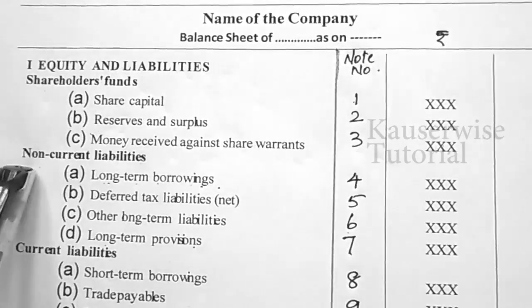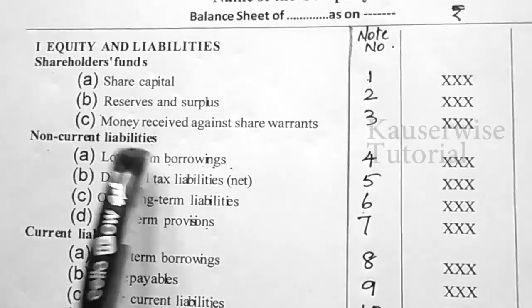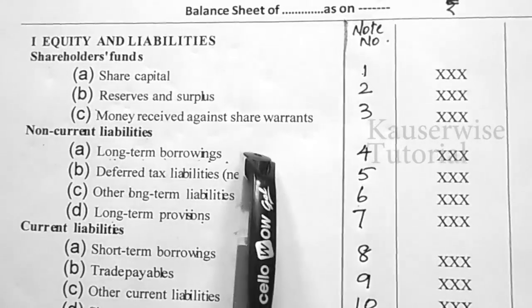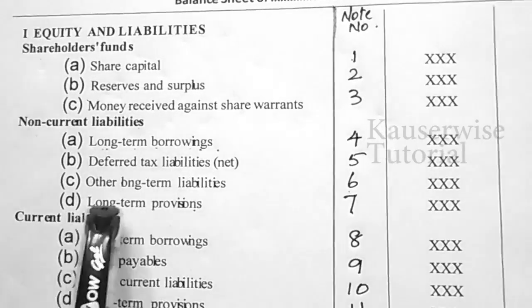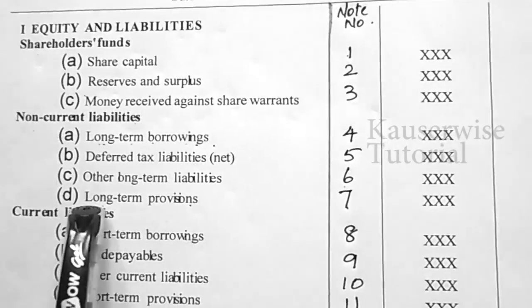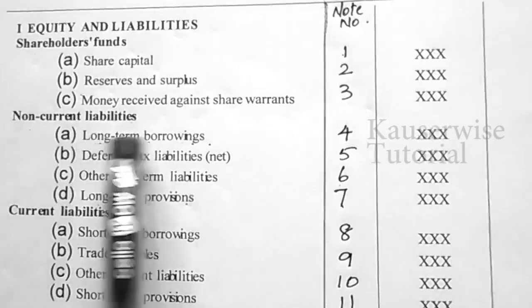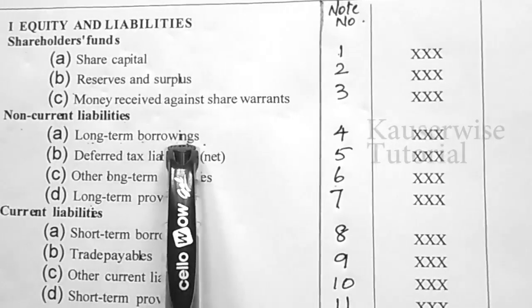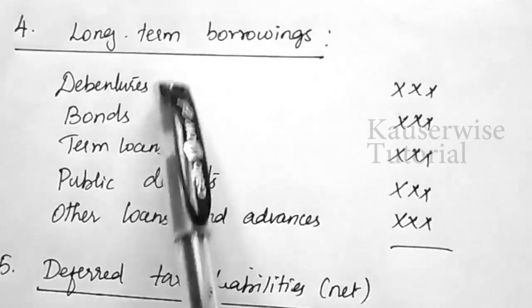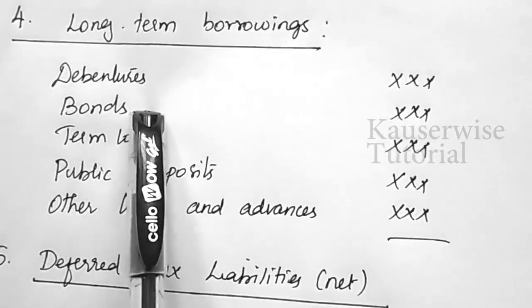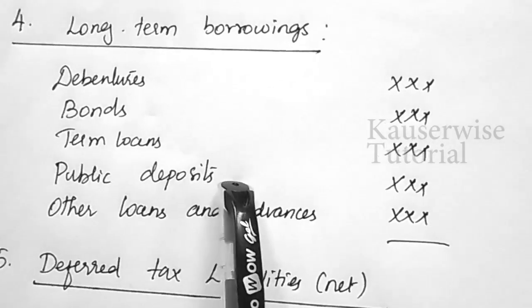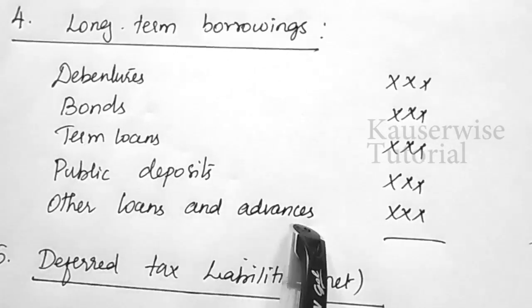Now let us see the second one, that is non-current liabilities. Under non-current liabilities, four things are there: long-term borrowings, deferred tax liabilities, other long-term liabilities, long-term provisions. The first one is long-term borrowings. Working note number 4. These are debentures, bonds, term loans, public deposits and other loans and advances.